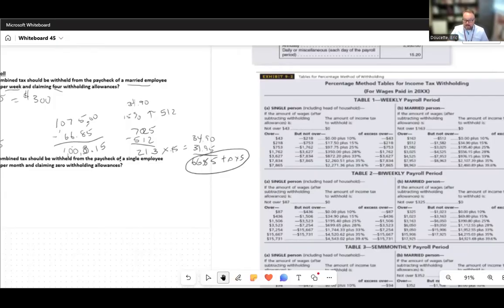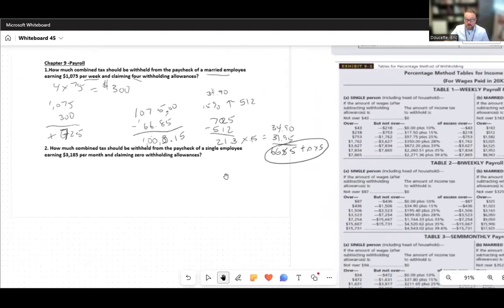And so that would be the amount of my paycheck. I deducted the 66.85 from the 1,075, and so that's what my paycheck would be. It's not asking you for that. It's just asking you what would be the tax.